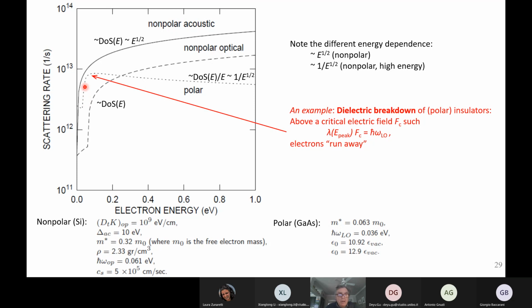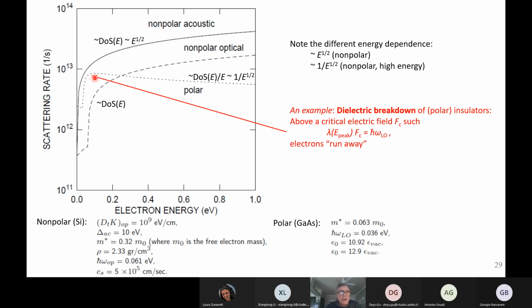Now, notice that the scattering rate for the non-polar interaction keeps increasing. For the polar interaction, it hits a maximum and then it decreases. This has extremely important consequences. This is a subject that goes back to the 1940s or even earlier. Actually, one of the early papers by Fröhlich, the famous 1935 paper in the Proceedings of the Royal Society, dealt with the dielectric breakdown in polar materials, which are insulators.